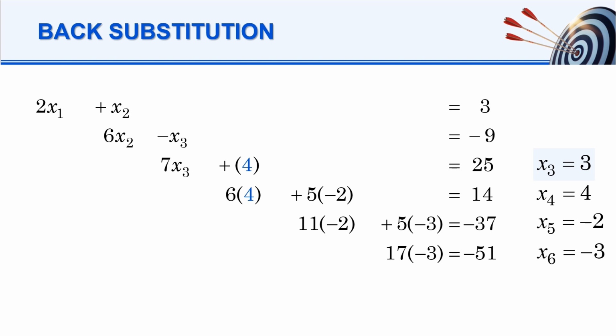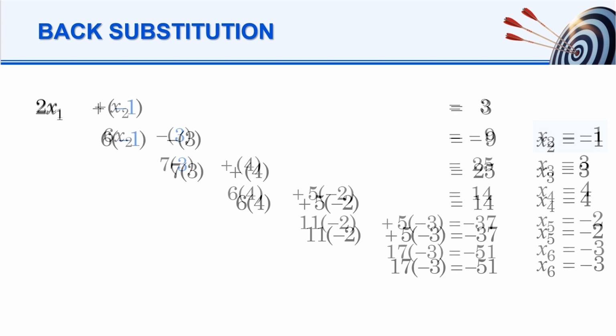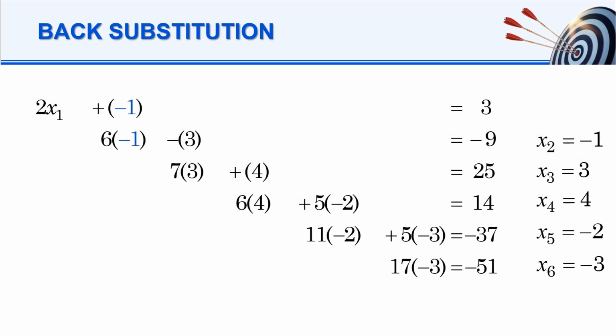Substituting x3 into the above equation and solving for x2, we find. Finally, we substitute x2 into the first equation and solve it for x1, which finalizes the solution using the Thomas algorithm.